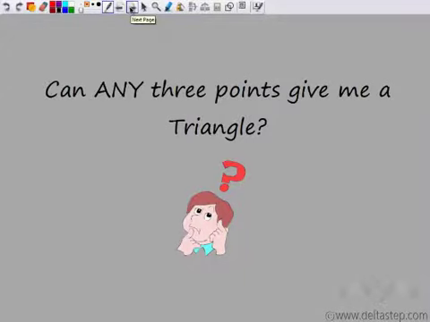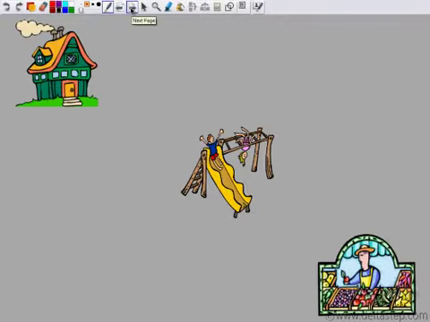So we've seen that 3 points give us a triangle. But can these be any 3 points? Let's look at this. What if the playground is on the way to the market only? Now let's again try to see. If you go from your house to the playground, and then from the playground to the market, you buy vegetables and come back to the house, do you get a triangle? Well, clearly not. What is it that changed in this picture here?